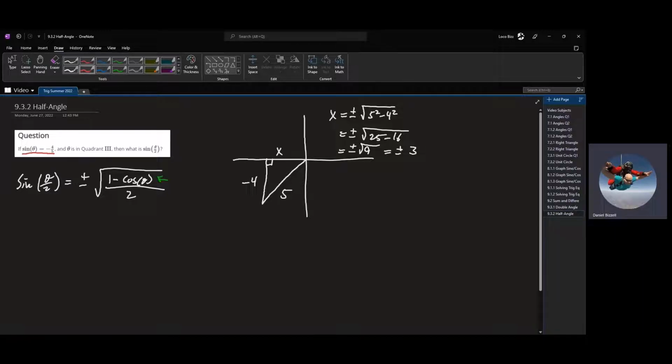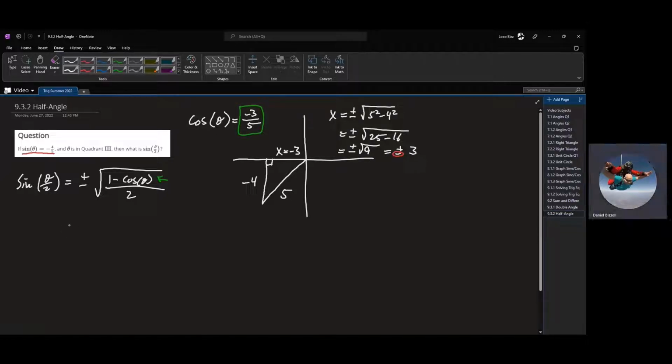But since we're going in the negative x direction in quadrant 3, we know we want the negative version. So x is equal to -3. So now that we know that cosine of theta is equal to -3/5, we can then plug this into this formula for cosine of theta.